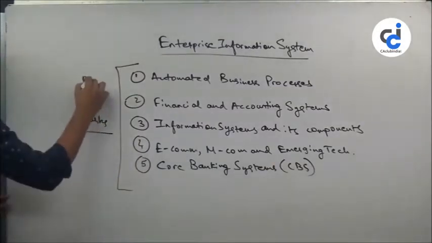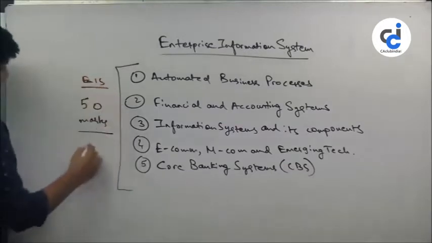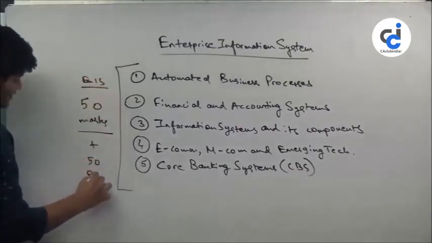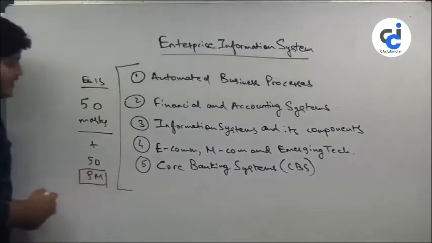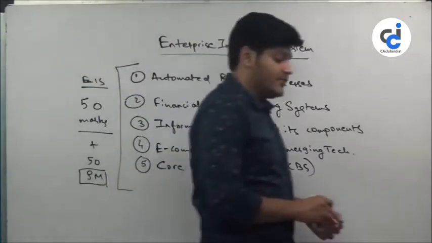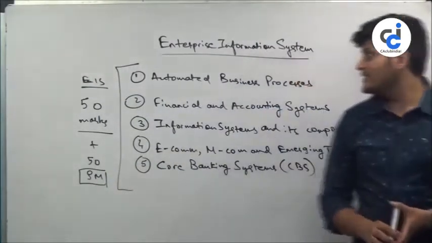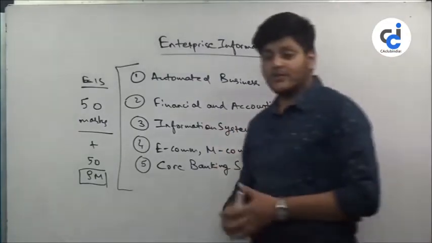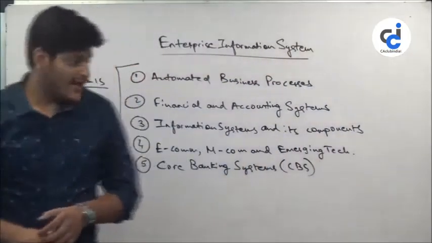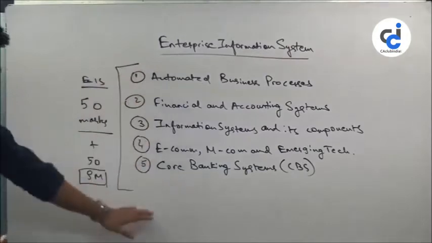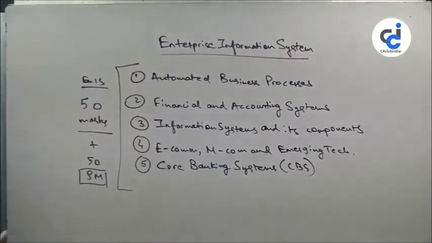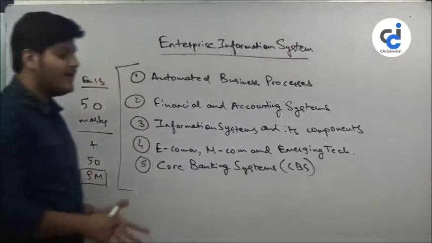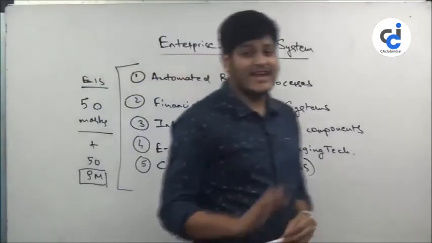This will be for EIS and the rest of the 50 marks would be for strategic management or SM. So previously it was called ITSM, now it's EISSM, so don't get confused. So EIS regards all these chapters. Now regarding the study pattern and everything, information technology can be pretty boring.